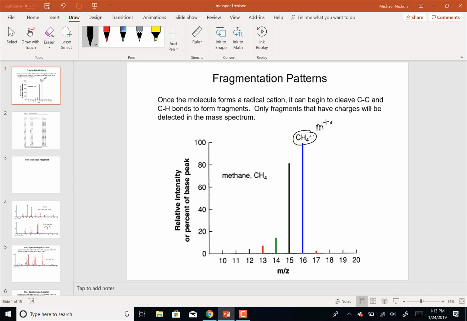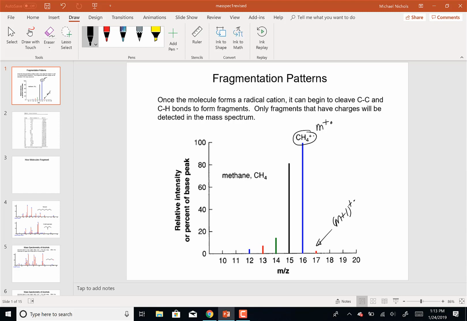And then where did this peak at 17 come from? Carbon 13. So that's a methane with a carbon, not 12, but a carbon 13 isotope. So that peak would be called the M plus 1 plus dot.